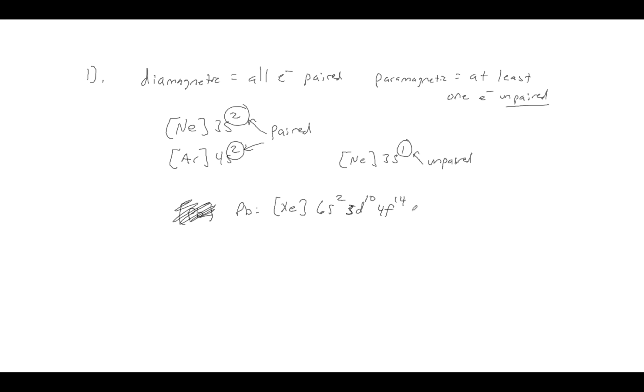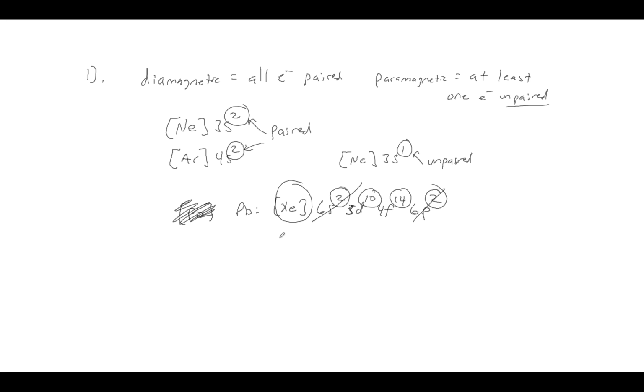And then we have 6p2, right? And the valence electrons that we take here are the outermost ones, right? The 6p first, and then we take these as well, right? So when we take these off, we have something that certainly is diamagnetic, right? Because all the electrons here are paired up, and of course within the core they're also paired up, right? So for Pb4+, all those electrons are paired, so it is indeed diamagnetic.